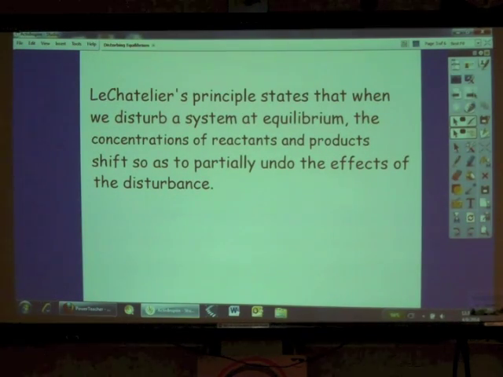So when we talk about shifting, if we say that the reaction is shifting right, that means that the forward reaction rate is increasing momentarily for the system to reach equilibrium again. Or if we're saying that the reaction is shifting left, that means that the reverse reaction rate is increasing momentarily to undo the disturbance until the system reaches equilibrium again.